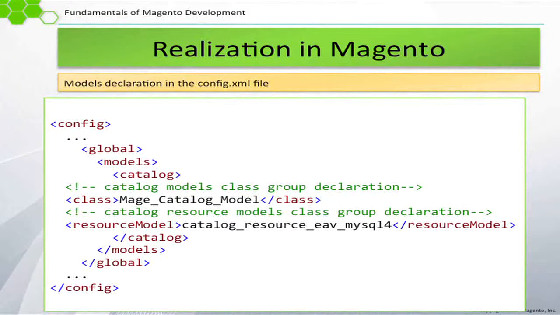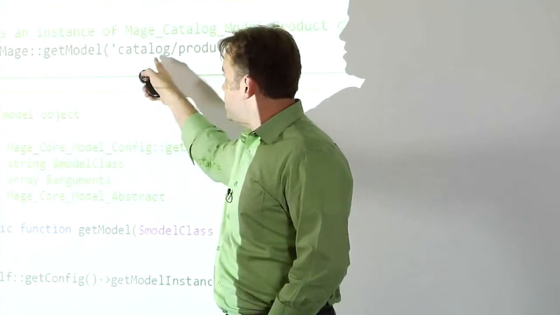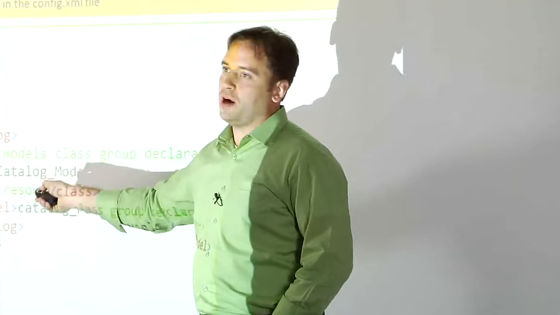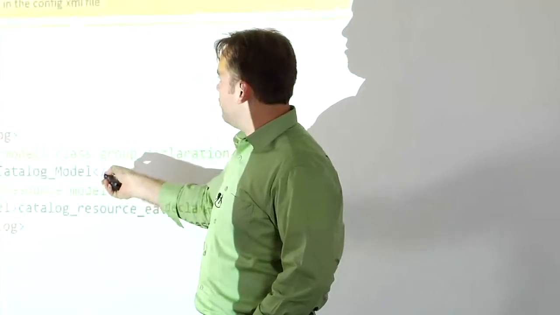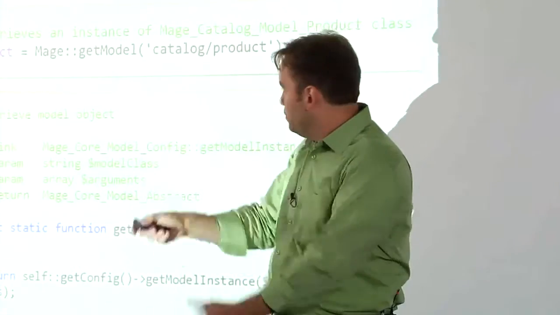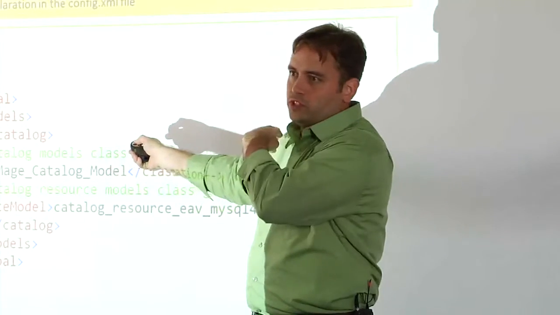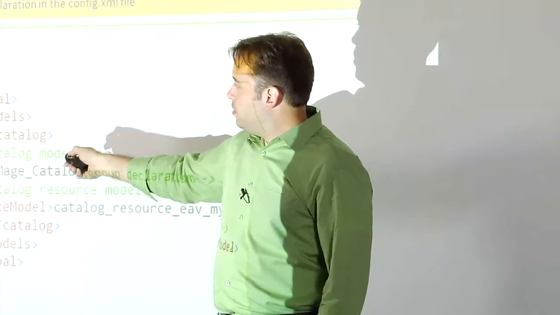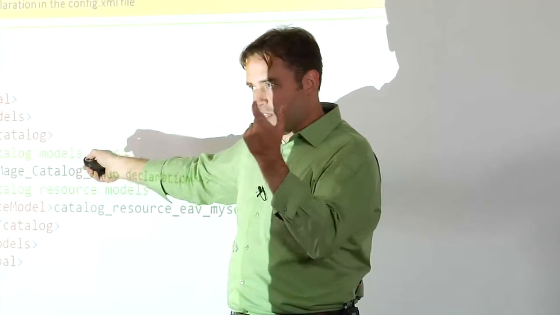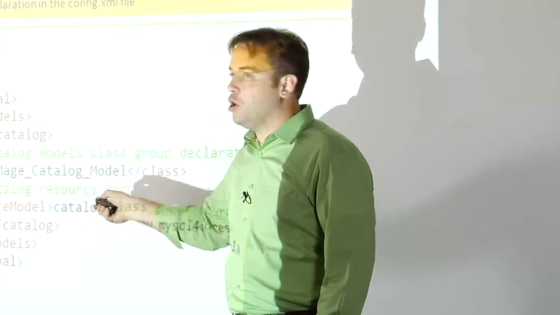So getModel uses the configuration object to look in global, in the models tag, and then we'll try and match this against something under models. If I had foo here, in that configuration structure that's been assembled, and I say Mage::getModel foo/whatever, the application will use the configuration object to look in global models for a node named foo.